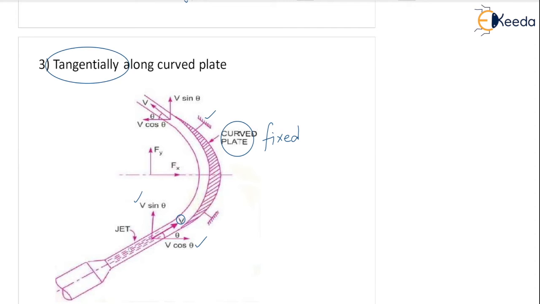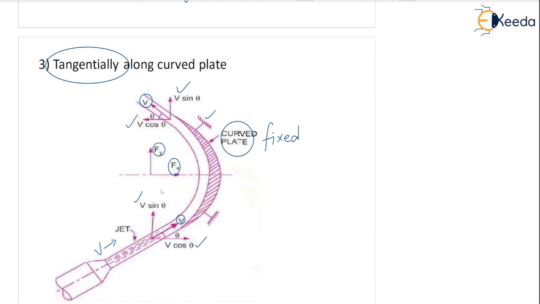This water will go throughout the profile surface of the blade and come out with velocity V, and theta is the angle introduced, with V cos theta and V sin theta as the components in the x and y directions. So this is Fx and Fy.